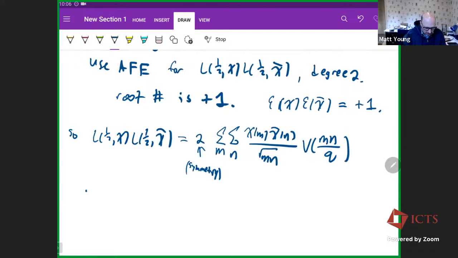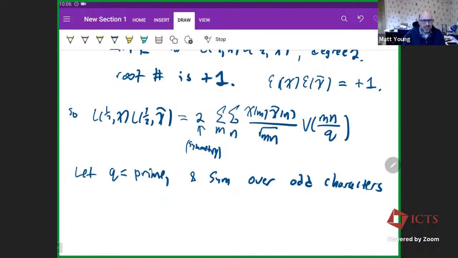And then now you're free to apply. So I think what I wanted to do is just do this for, let's take q to be a prime. And let's just take the sum over odd characters.